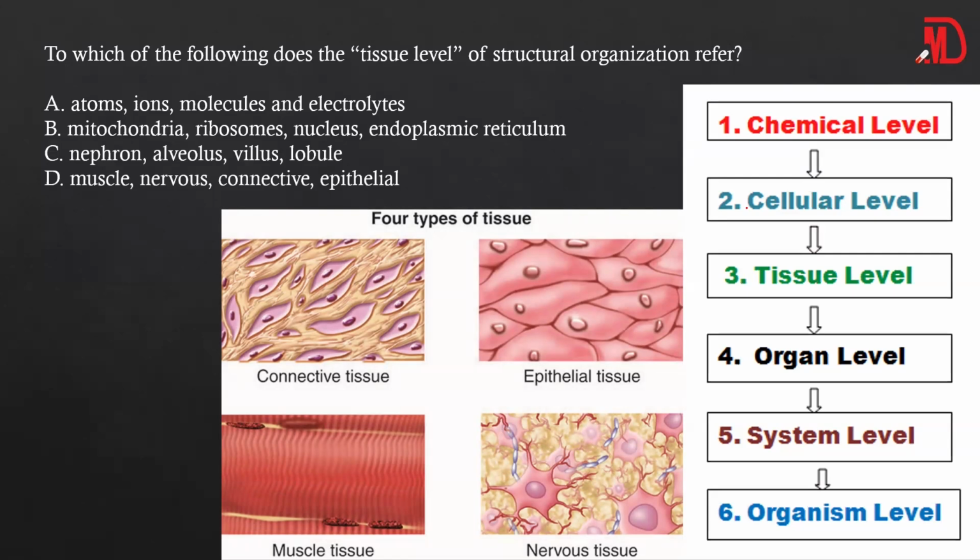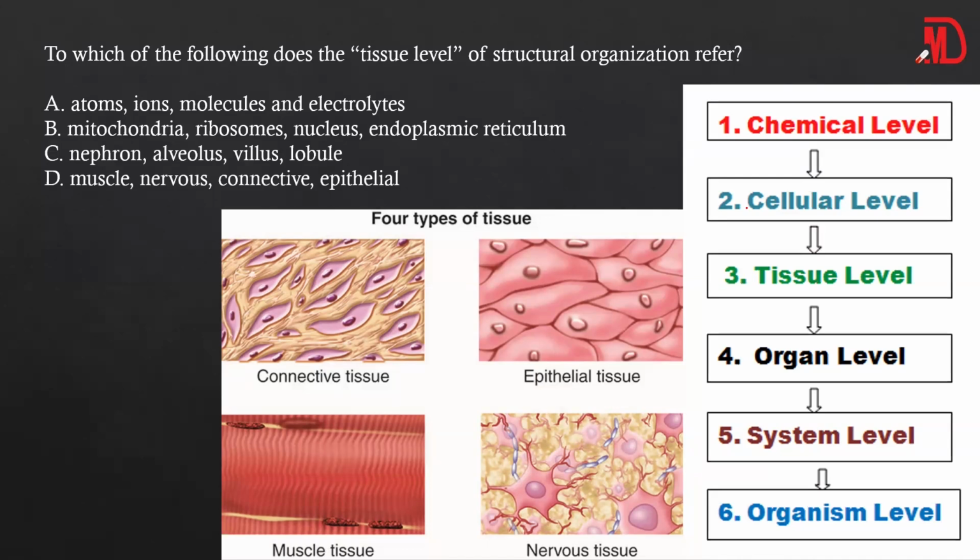Now, atoms, ions, molecules, and electrolytes belong to the chemical level of organization. Mitochondria, ribosomes, nucleus, endoplasmic reticulum are organelles which are part of the cellular level.